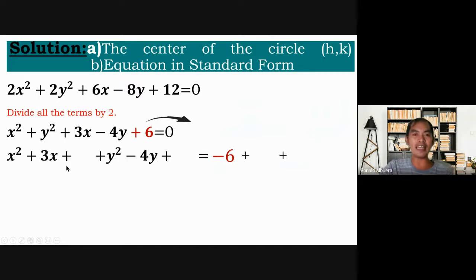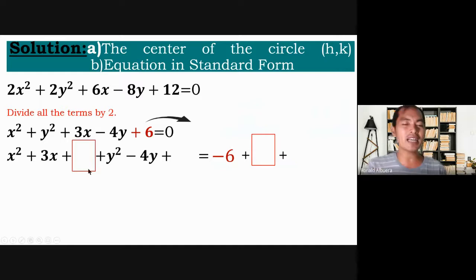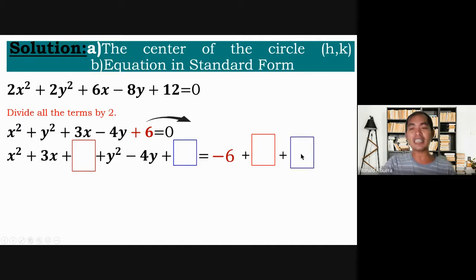Okay? Now, if you notice, there are blanks. Why are there blanks? So we complete. We apply completing the square to complete the terms for variable x and the terms for variable y. Since it is lacking to make it a trinomial, we add a term to the variable x, and you also add the same number on the other side. Same for y, whatever you add here to make it a perfect square trinomial, you also add on the other side.